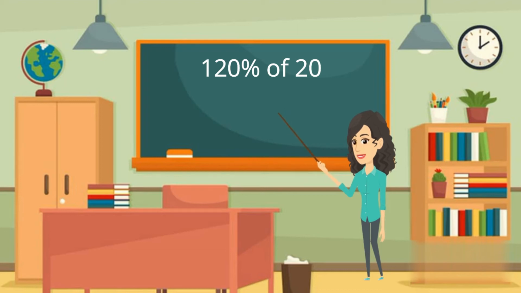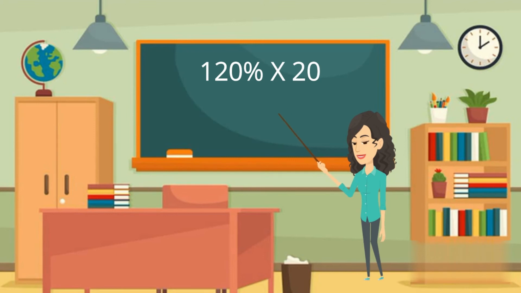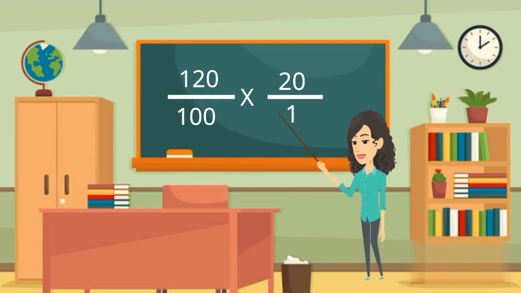Let's see it together. First step, we replace the "of" with the times symbol. Second step, we need to decide to use the fraction form or decimal form. This time let's use the fraction form. 120%, so we get 120 over 100. Third step, we write the 20 in fraction form, so 20 over 1, which is exactly equal to 20.